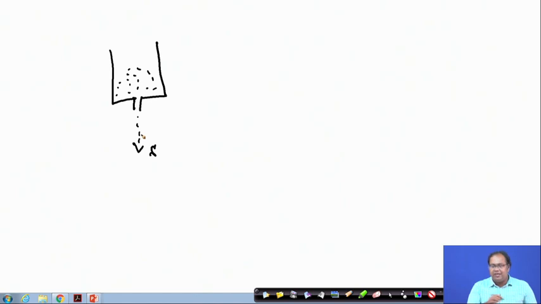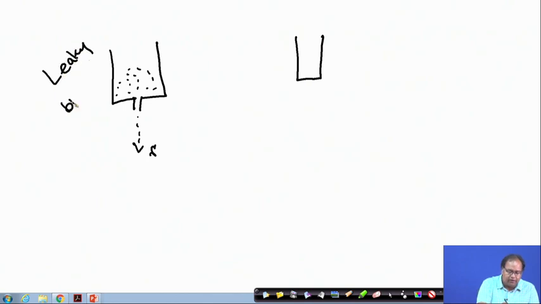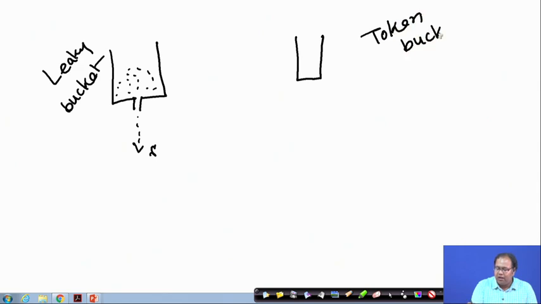This is for leaky bucket. In case of token bucket, you have this token bucket, and you insert tokens at a token generation rate of, say, b.